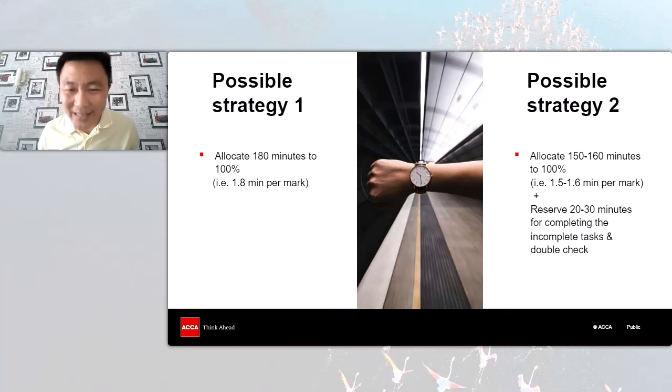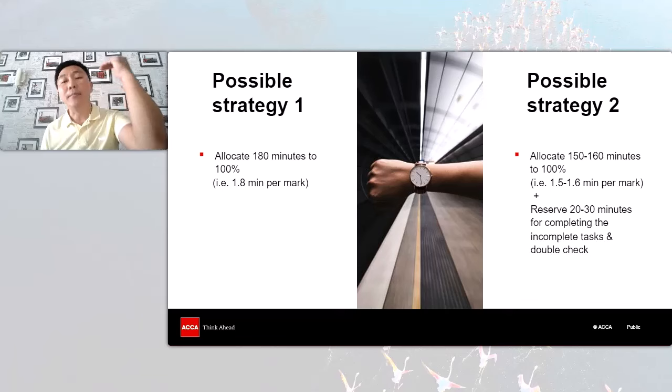Rehearse the strategy a couple of times until everything is within your control. No matter how many times you take the exam, you can just apply the strategy as it is supposed to be. That is the purpose of rehearsal, which we call practicing the mock exam on the practice platform.